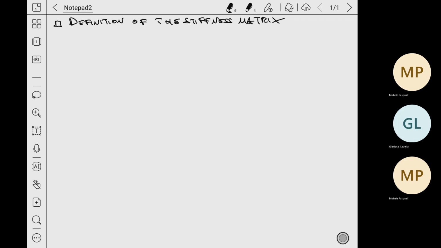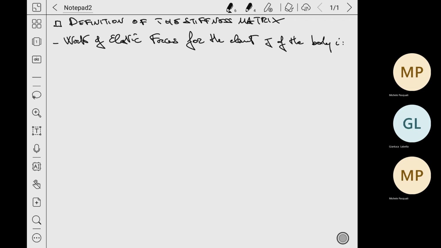So you start from the work of the elastic forces for the element J of body I. We already know that's the virtual work. It can be defined as such. So it's a scalar quantity, and it's the opposite, of course, of the elastic energy, if you want.